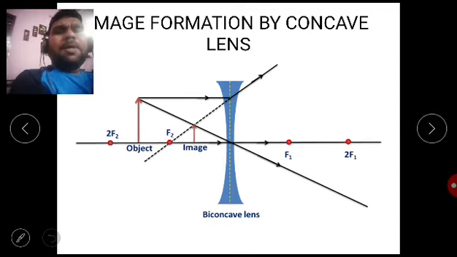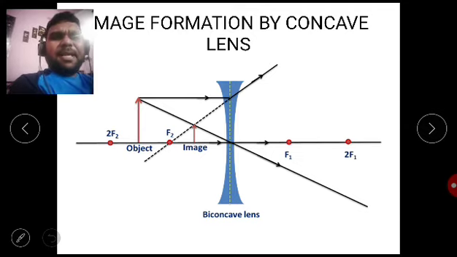The same kind of image is formed by the convex lens in one case, when the object is between f1 and O. But in the case of convex lens, the image formed is enlarged, and in the case of concave lens, the image formed is diminished. Image is shorter than the object.